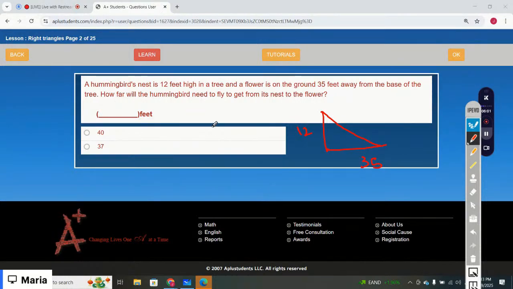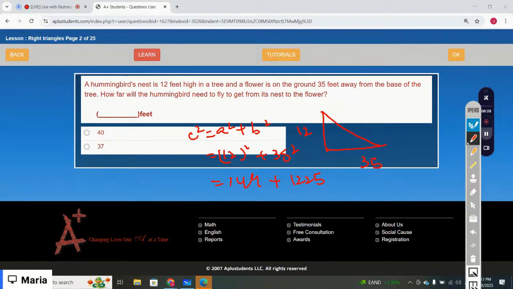You need to calculate the C. That is C square equals A square plus B square. You have 12 square plus 35 square. 12 square is 144. 35 square is 1225.